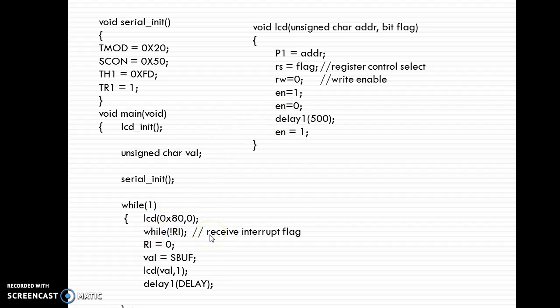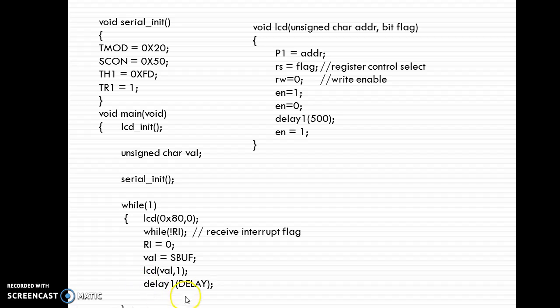When the receive interrupt flag is set high, then RI is made equal to 0. The content in the serial buffer will be transferred to the variable val. Then this character will be displayed on the LCD by using this particular function.